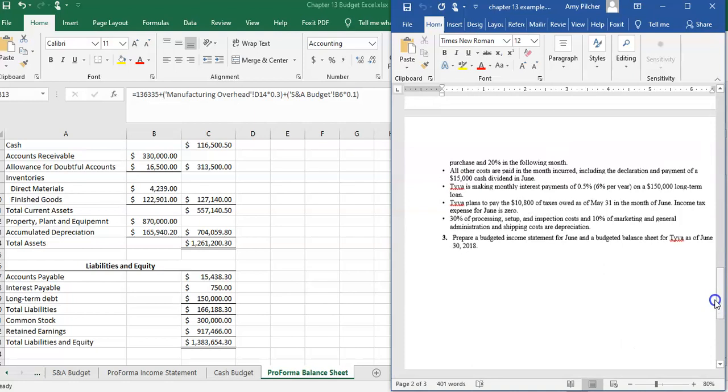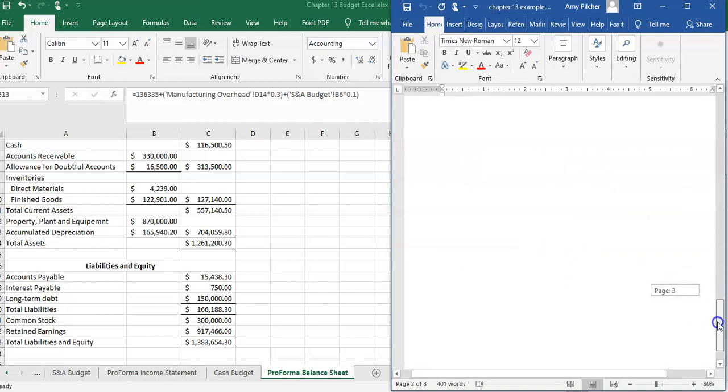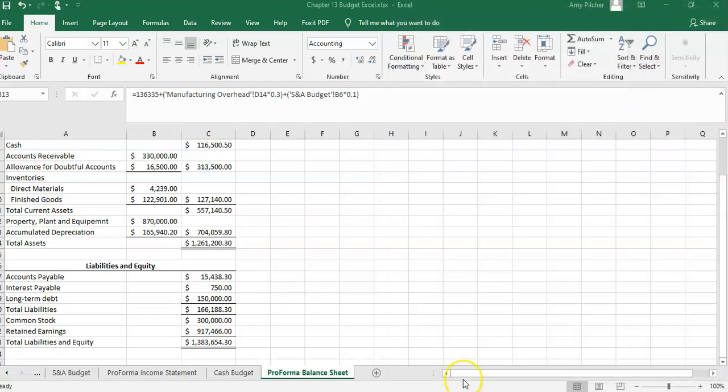And then it tells us to add 30% of the processing, setup, and inspection costs and 10% of the marketing and general administration and shipping costs. So 30% of the overhead costs and 10% of the marketing and general administrative costs go into our accumulated depreciation. And now we have a full operating budget.